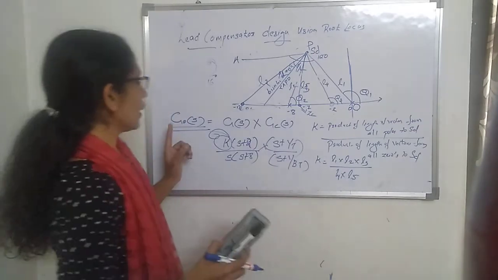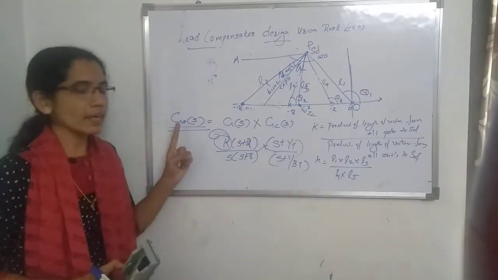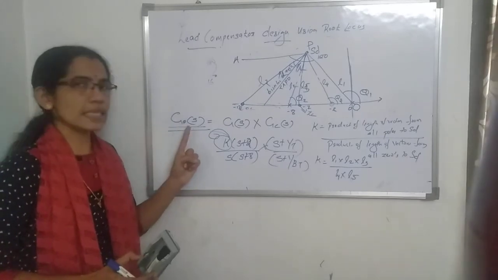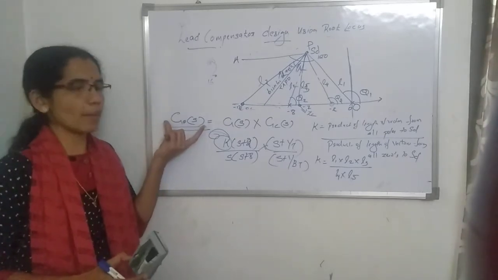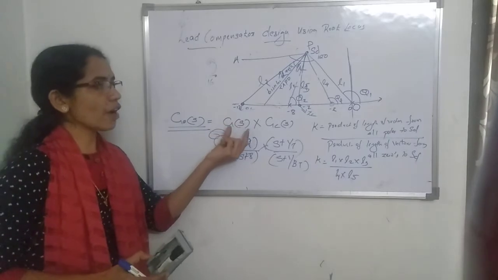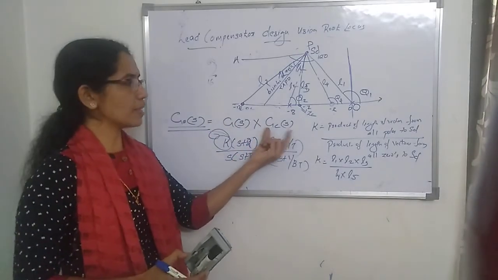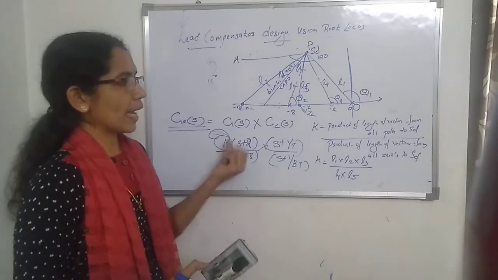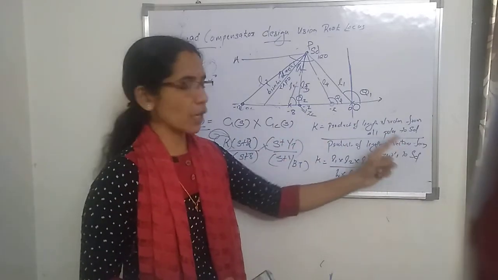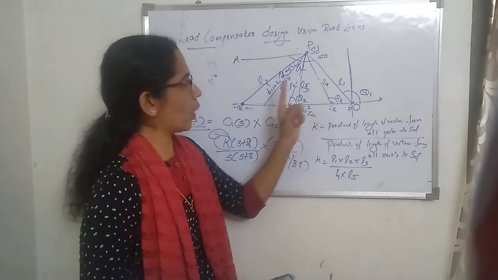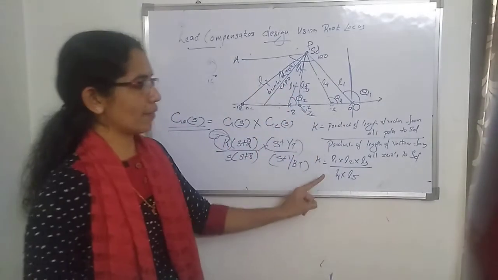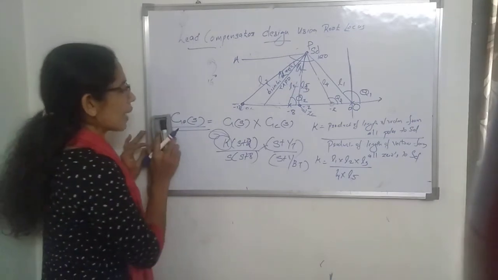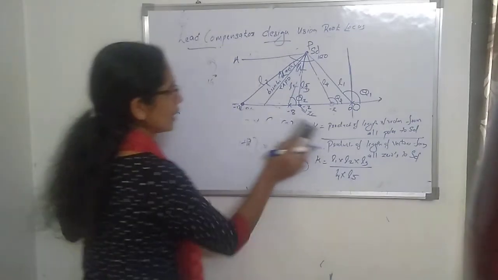Finally we got the open loop transfer function of the compensated system, which is G of S into GC of S. In this step we need to find the open loop gain K, where K is found by using this equation, K is equal to L1 into L2 into L3 divided by L4 into L5. So we got the transfer function of the compensated system.